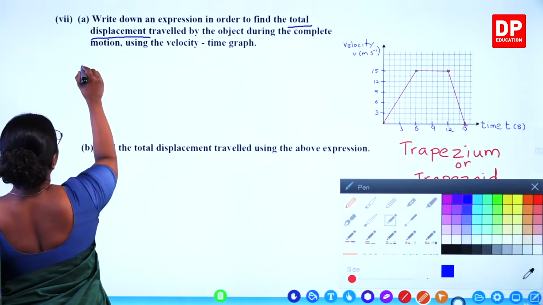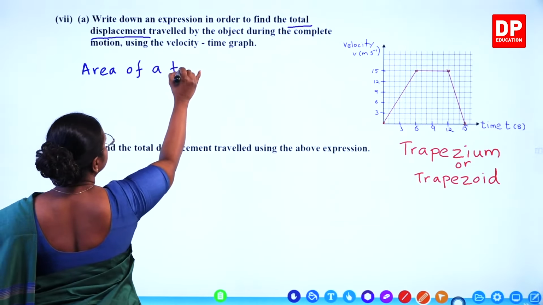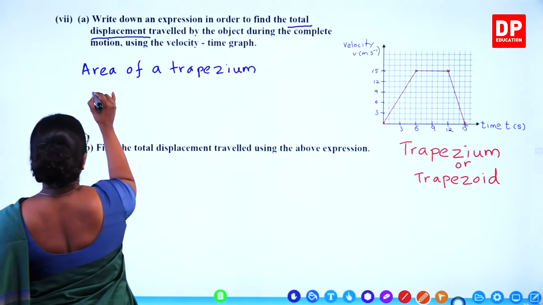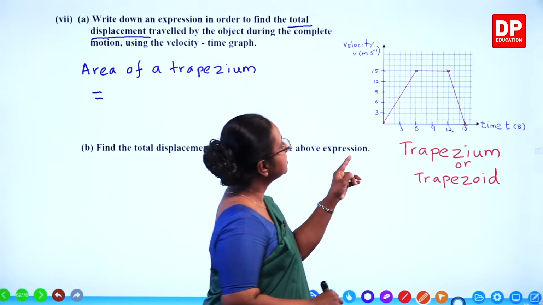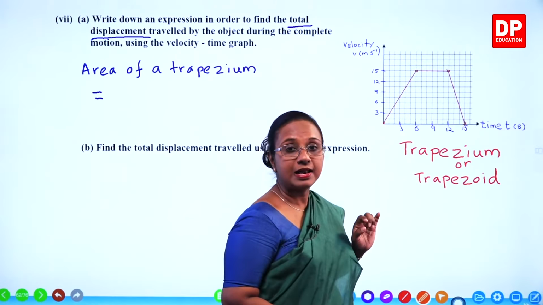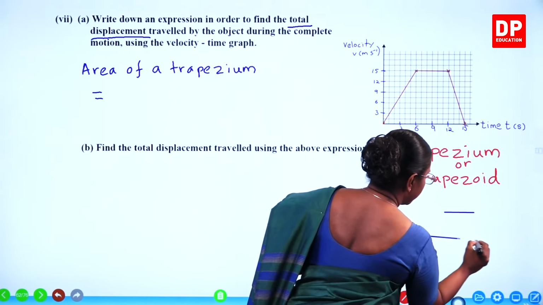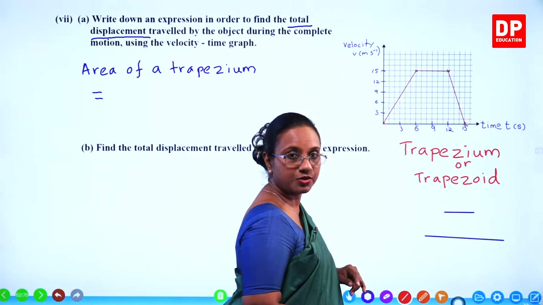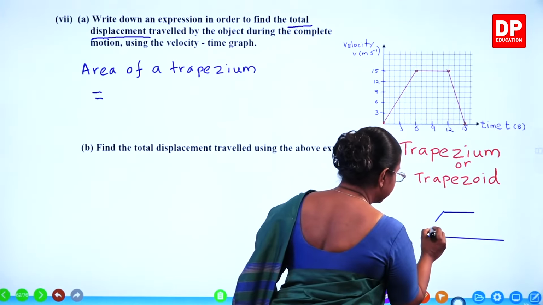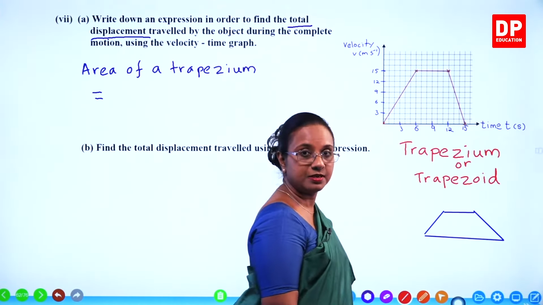And the area of a trapezium is calculated by considering these two sides, the sides that are parallel to each other. A trapezium has a short side and a long side, but the two sides are parallel to each other and it is connected like this to give the trapezium shape.